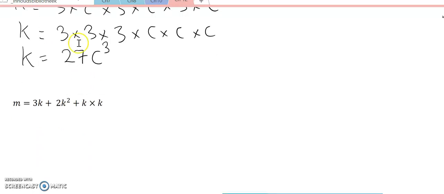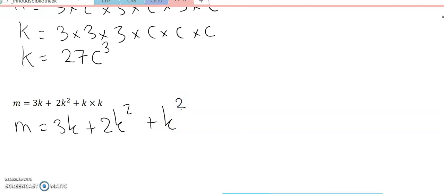Okay, another example. M is 3k plus 2k squared plus k times k. Well, first we're going to calculate the k times k. So we get m is 3k, we just copy the rest of it, 2k squared, and then k times k is k squared.